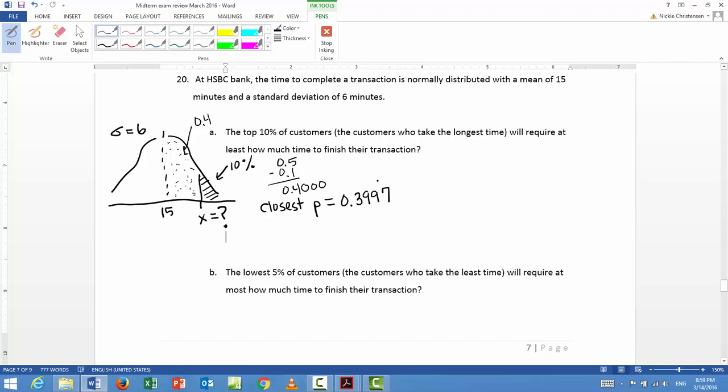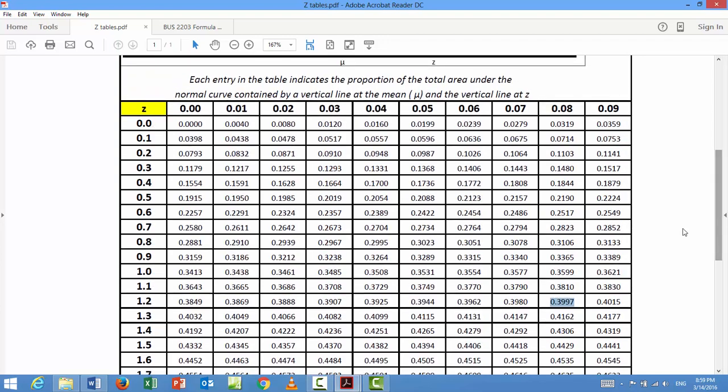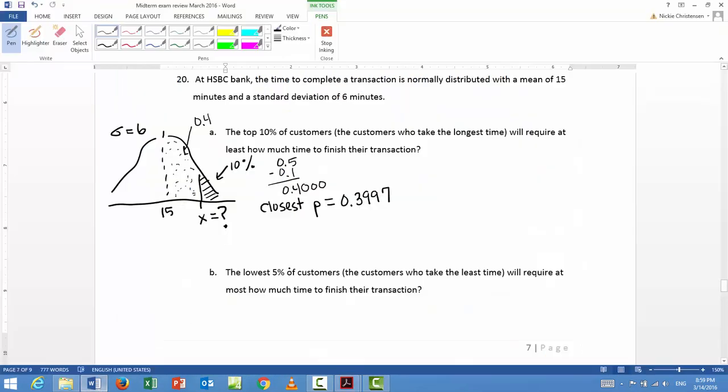That was the closest one I found in the table. And that matches up to a z value. We kind of work our way backwards to 1.28. Okay, so I'm going to write that here. That's equivalent to a z of 1.28.